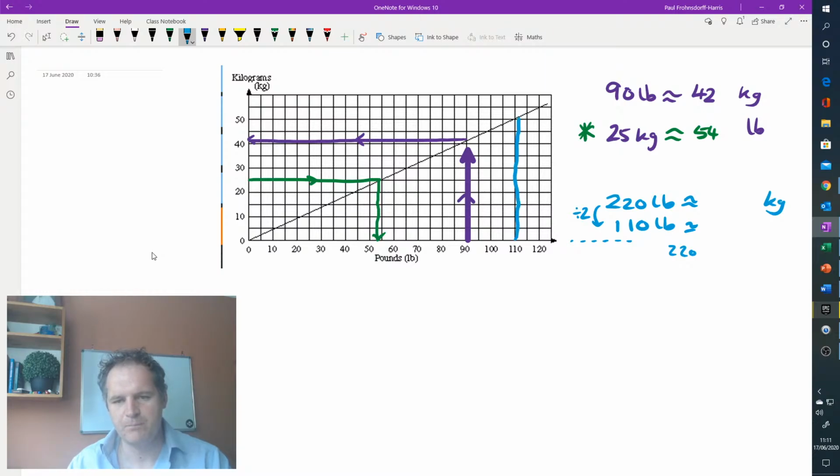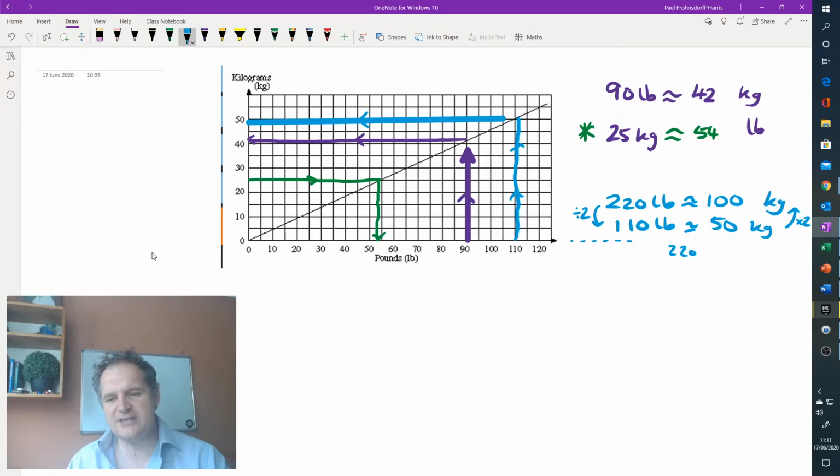Let's do ink to shape and see if it makes it nice and neat. There we go. It's much neater. Now that gives us a 50. So once we know that 110 is approximately 50, we can times by 2 to go the other way. So that must be 100.